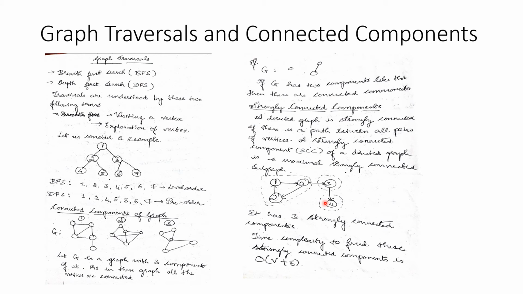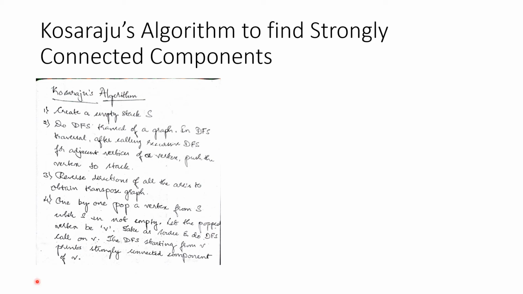I'll be explaining that, but before we go with it, identifying any strongly connected component is always dependent on the vertices and the edges present, because you have to keep traversing all the vertices and edges one by one. Pop the vertex from S while S is not empty. Let the popped vertex be V. Take it as source and do the DFS call on V.